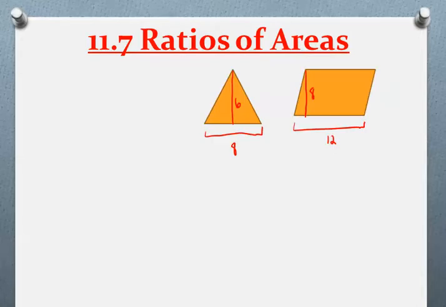So if I have the two figures and I'm taking the ratios of the areas, I would calculate them each separately. So the area of the triangle would be half times 6 times 8. And to find the area of the parallelogram, I do base times height.